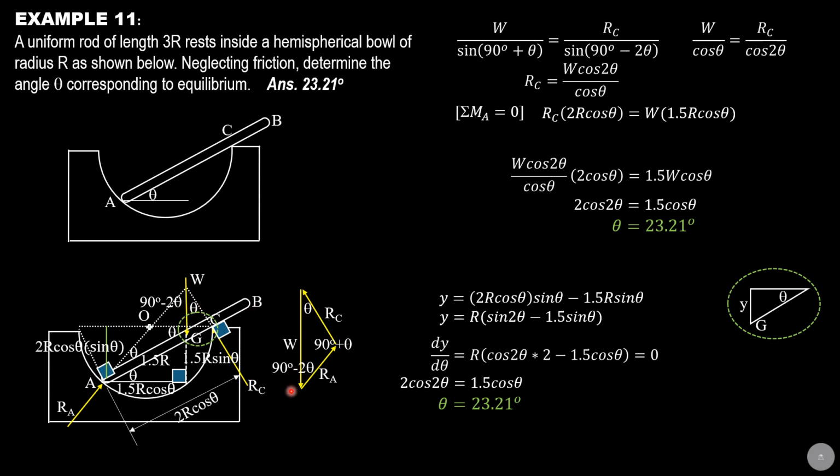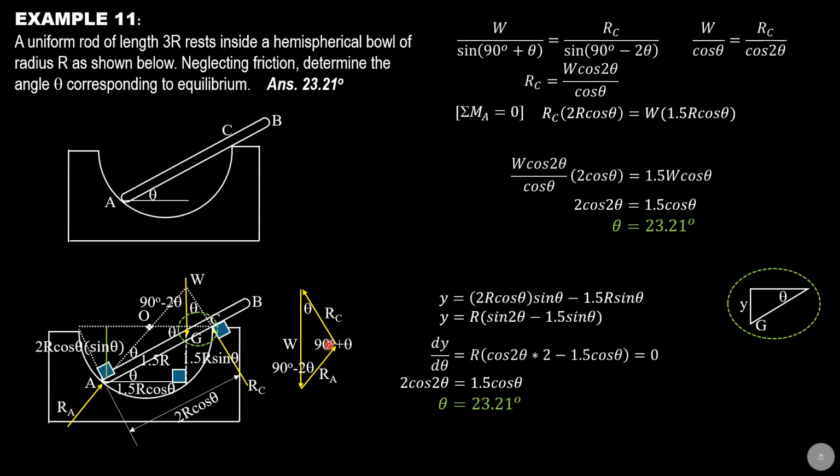Then we draw the force triangle. We have the weight, then R sub A in that direction, then R sub C to close the polygon. The angle between the vertical and R sub A is 90 degrees minus theta. The angle between R sub C and the vertical is theta.